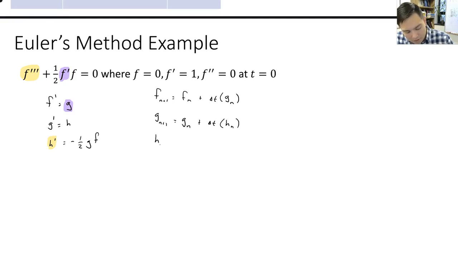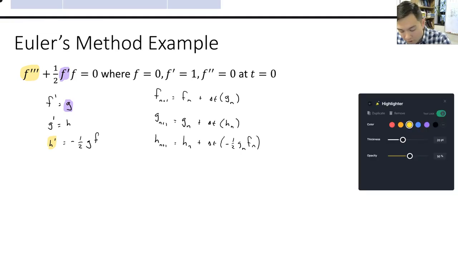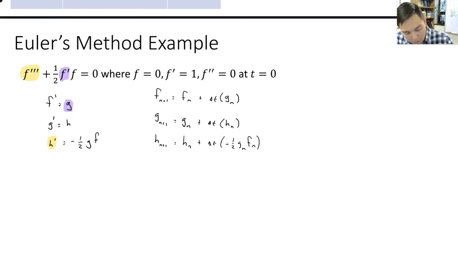And then finally I'll have h_{n+1} is equal to h_n plus delta t times my h prime, or my dh/dt, which in this case is going to be minus 1/2 g_n times f_n. And so you'll notice that effectively what I'm doing here is I'm taking the right side of my ODEs and plugging them into my explicit Euler equation.